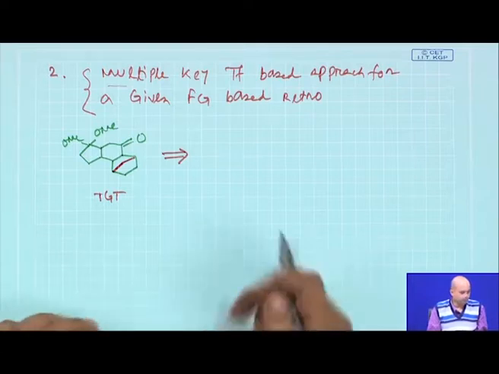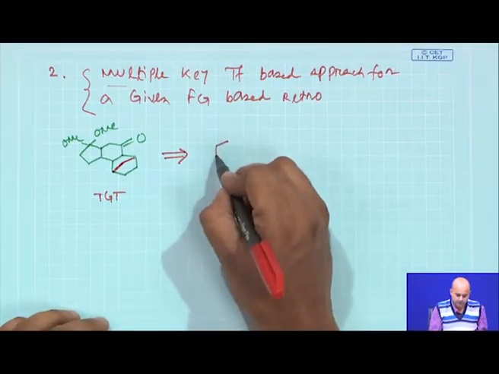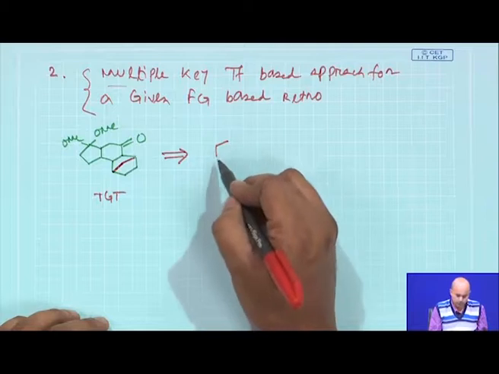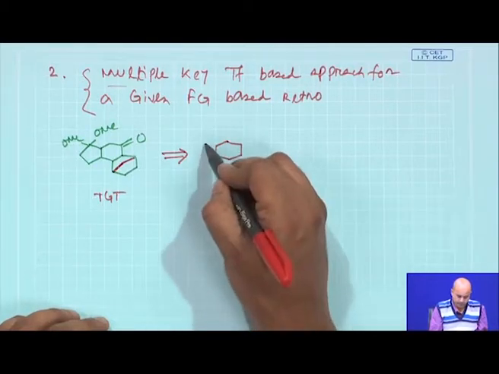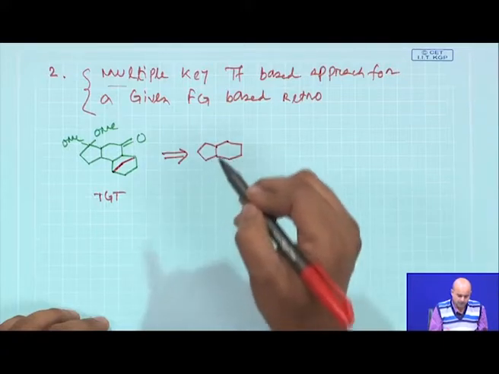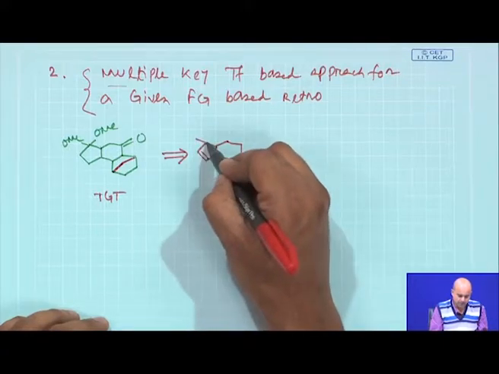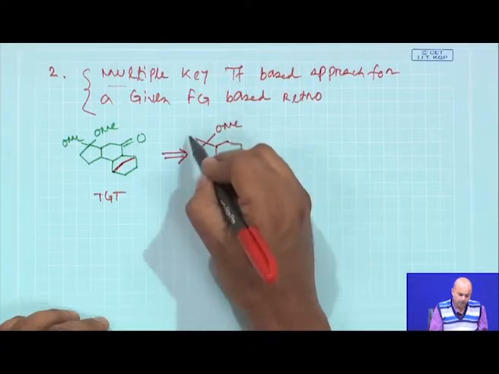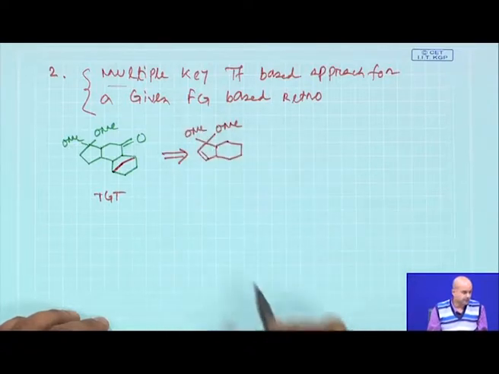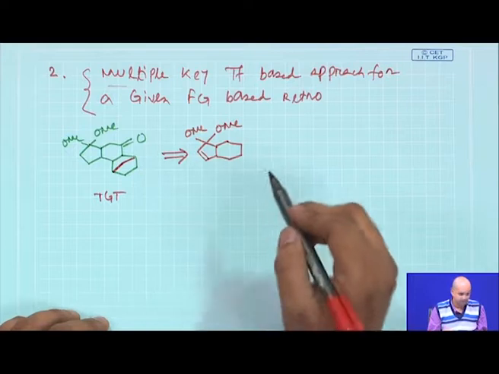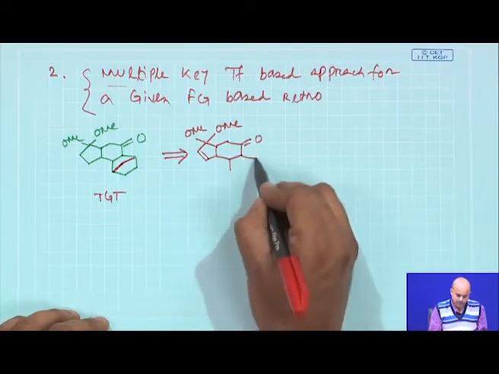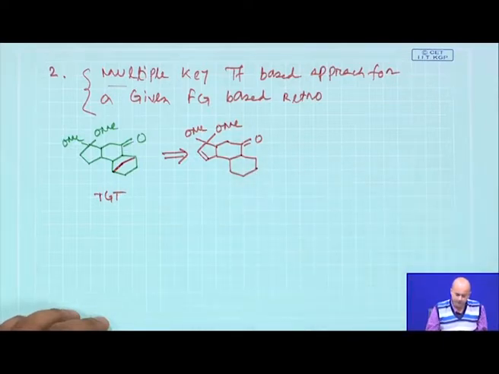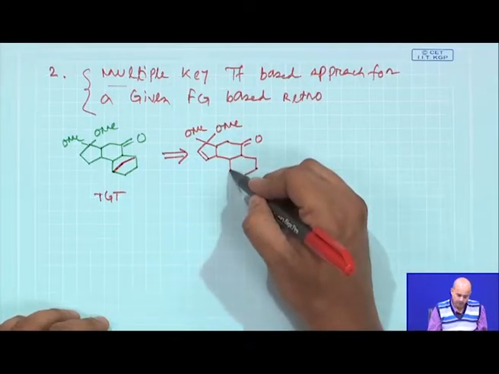And now, I will first try to do the retro based on simple functional group addition and elimination, then you try to correlate how these things can be created. Initially, I said that we will do some hydrogenation here. Now, you may ask, sir, why was hydrogenation the first step you have chosen.